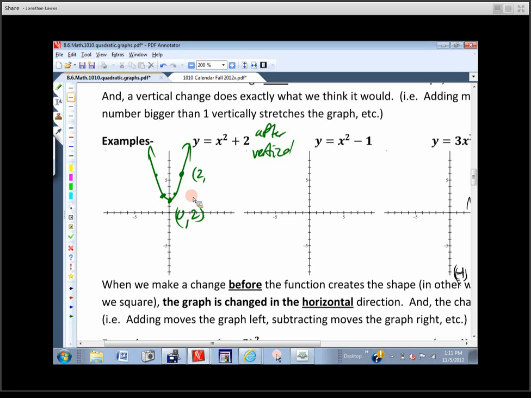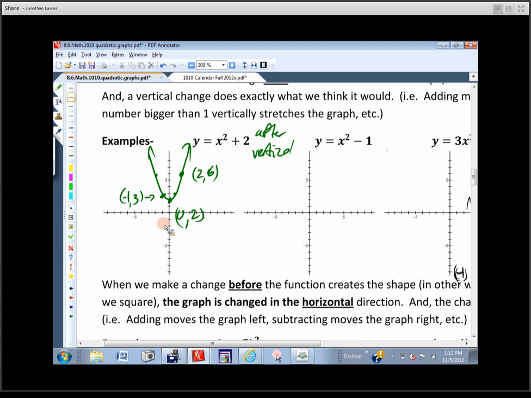Okay, new x coordinate is 2 because I went over 2 and then I went up 4, so that would be 6. If I was at 0, 2 and I went back 1, what's my new x coordinate for that point right there? -1. And I went up 1 from 2, so that would be -1, comma 3. Remember, we were at 2, we went up 1, so that would put us at 3.